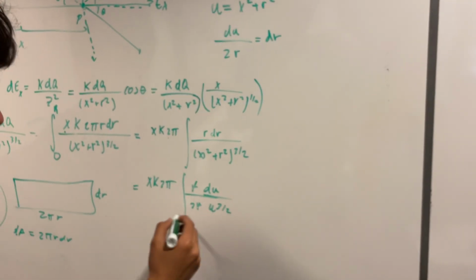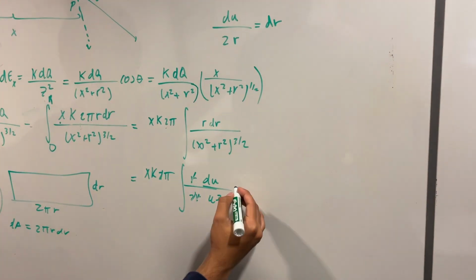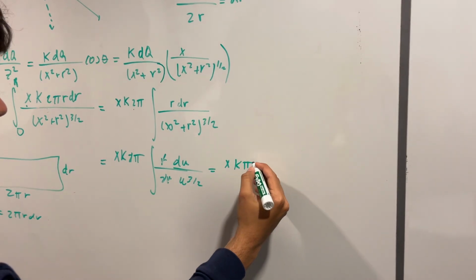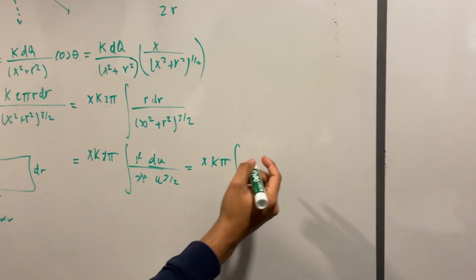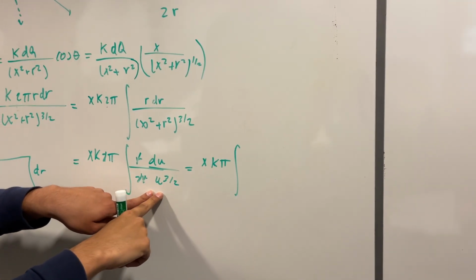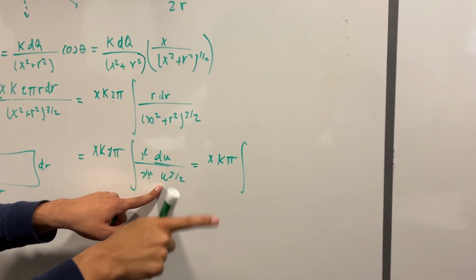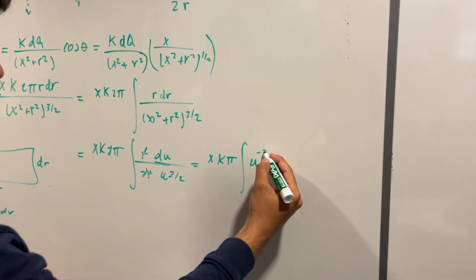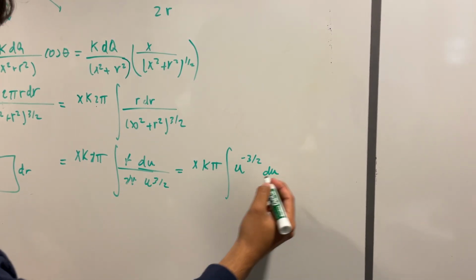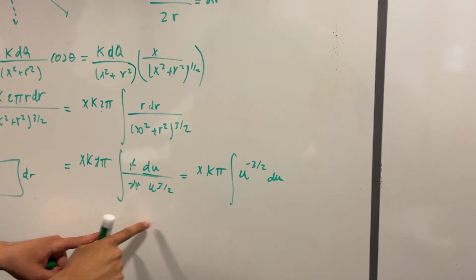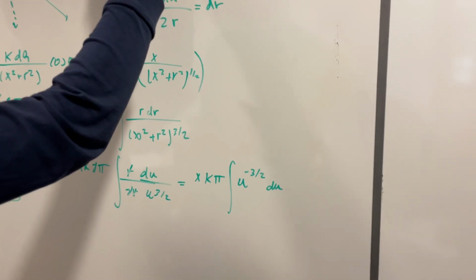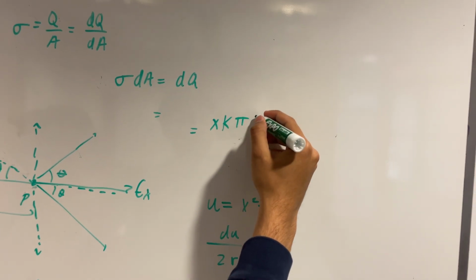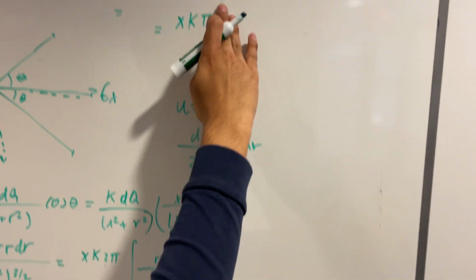The 2 cancels with this one, and then we get x k pi integral du, and you can rewrite this as u to the negative 3/2, so you can integrate this. So that's x k pi times the integral of u to the negative 3/2 du.